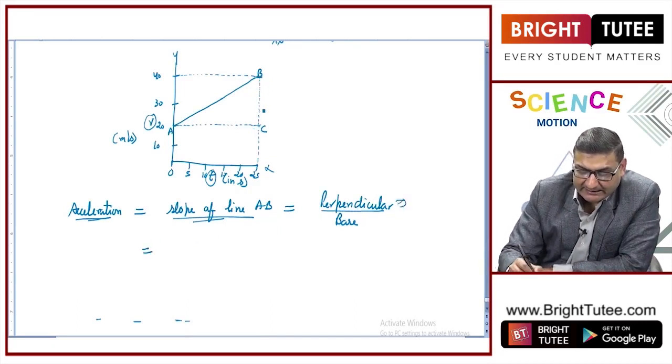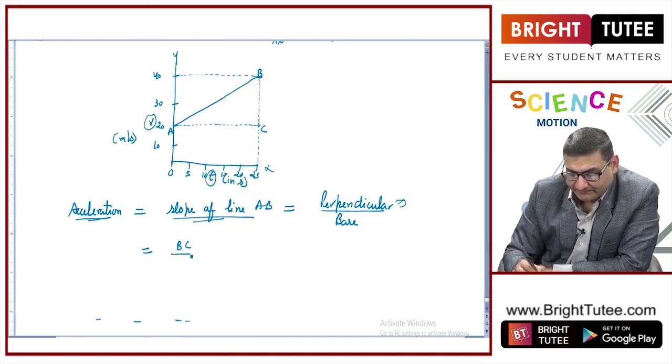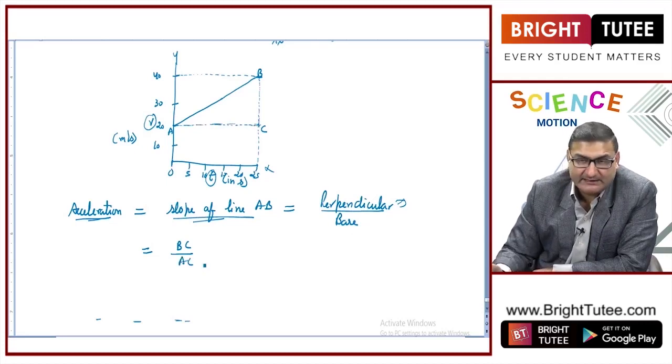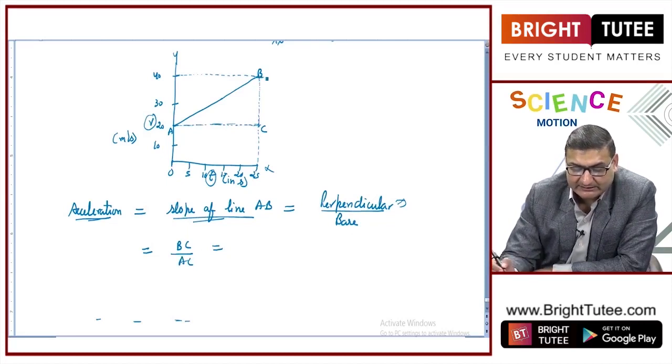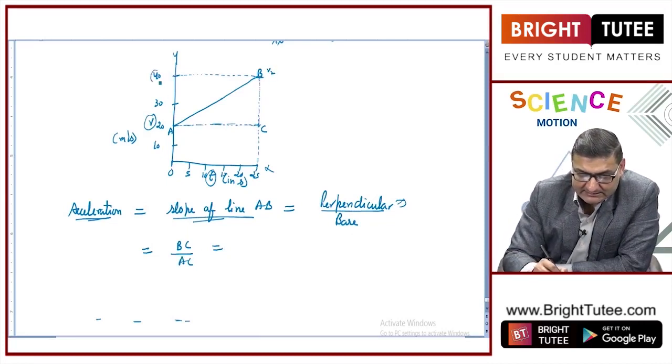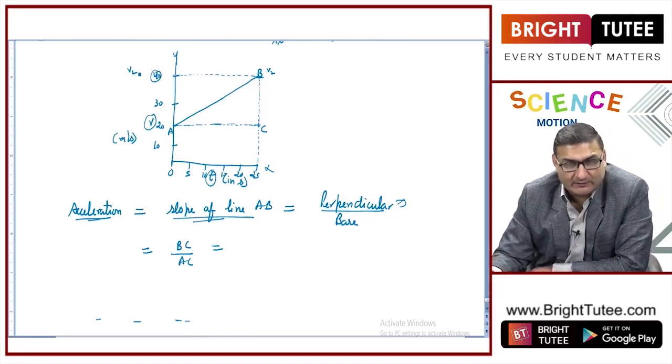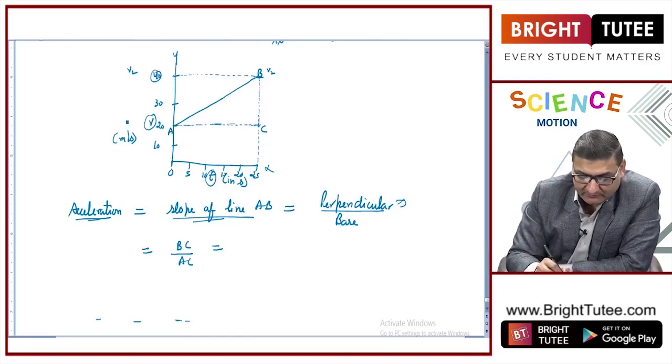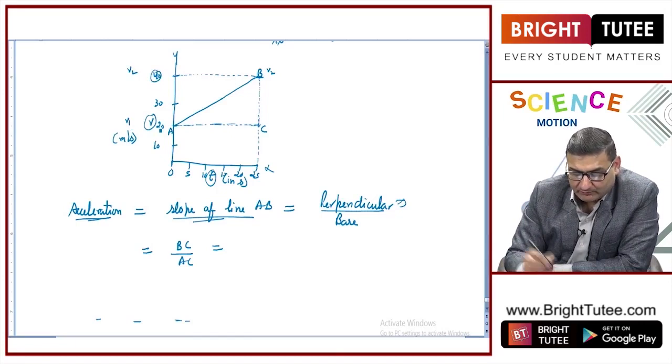So, putting the values in the formula, the perpendicular according to this triangle is BC divided by the base AC. Now, how am I going to calculate BC? Let the velocity at point B be V2, corresponding to 40, and the starting velocity be V1, corresponding to 20.